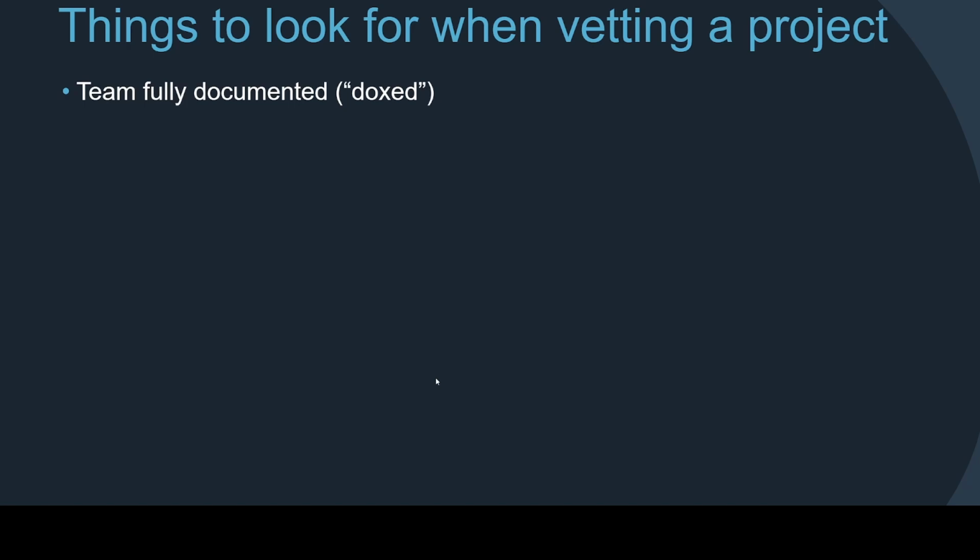So first off, this isn't necessarily a requirement, but this is always something I like to take a look at, because generally if the team is not fully documented, I proceed with a little bit of caution. None of these are necessarily hard stops or hard goes in terms of whether I want to continue looking into a project.